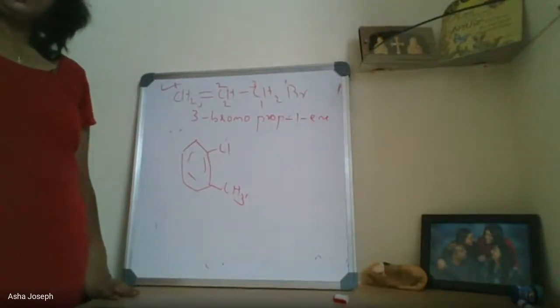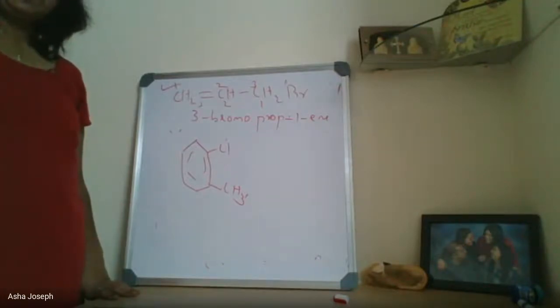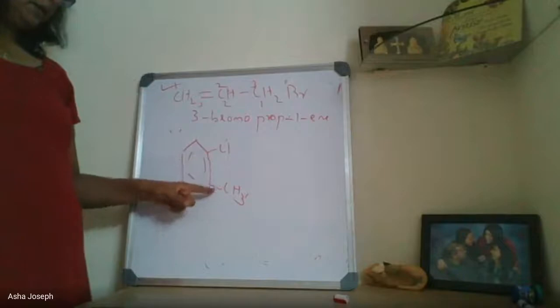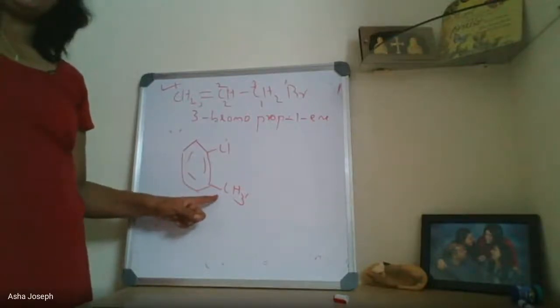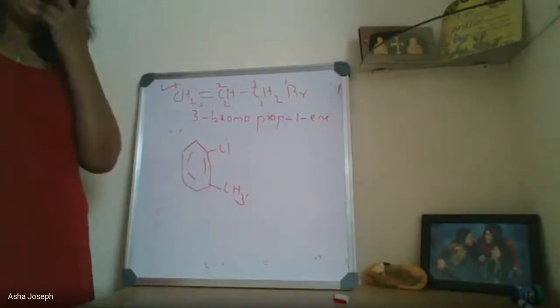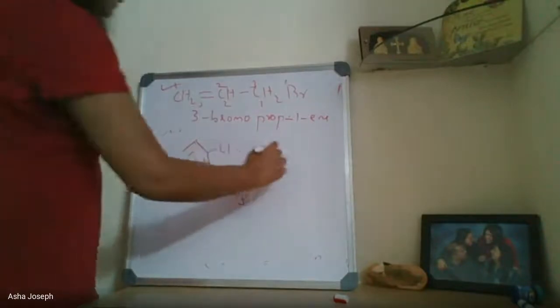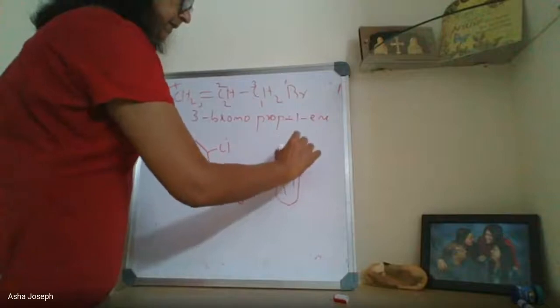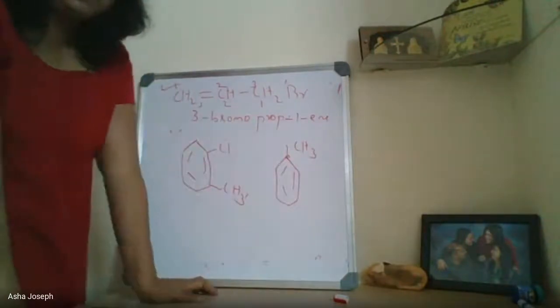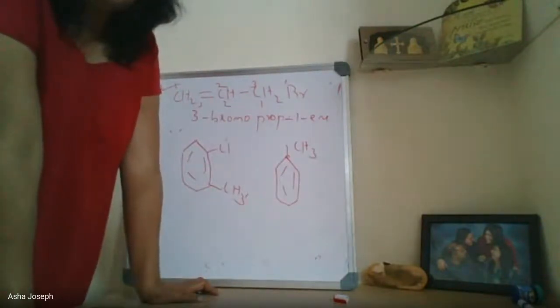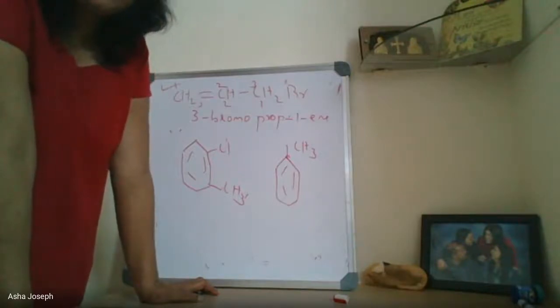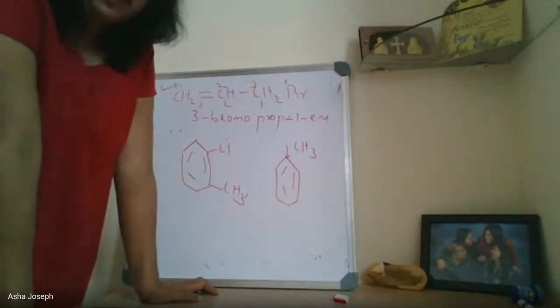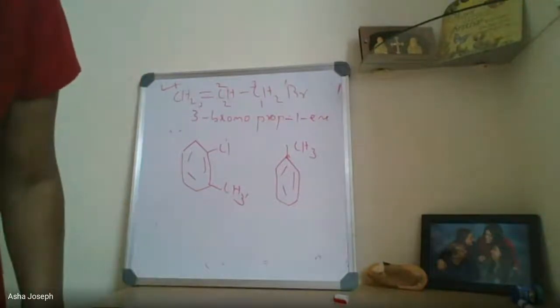Last year we learned, isn't it? Yes, ma'am. In IUPAC, we can retain some names even though toluene is a common name. This is toluene, right? And the IUPAC name, applying the rule, is methyl benzene. We can say toluene also.